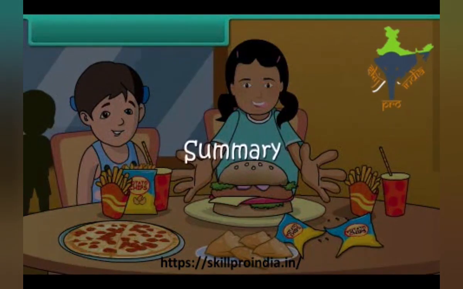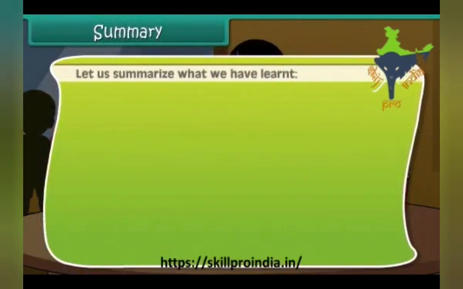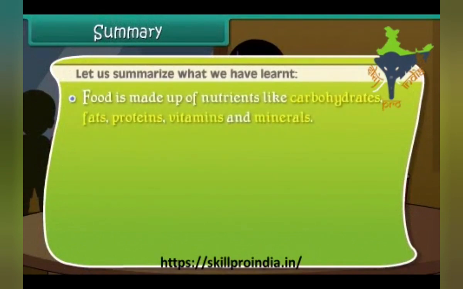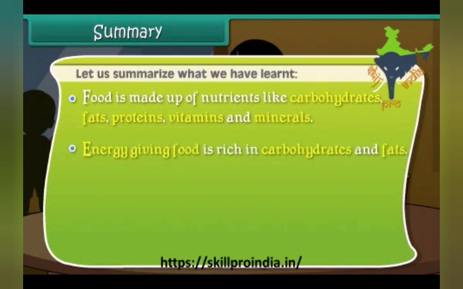Summary. Let us summarize what we have learned. Food is made up of nutrients like carbohydrates, fats, proteins, vitamins and minerals. Energy-giving food is rich in carbohydrates and fats. Bodybuilding food is rich in proteins.